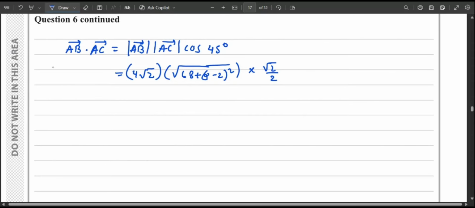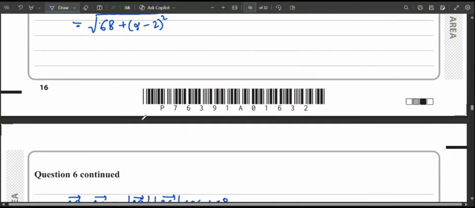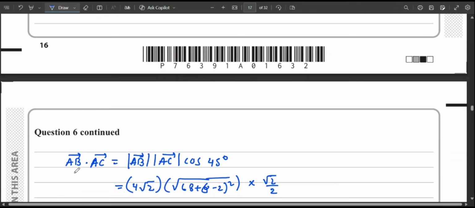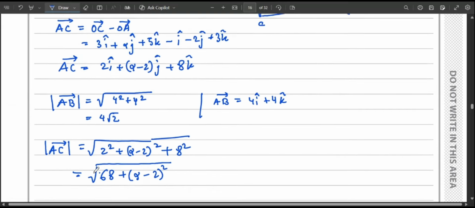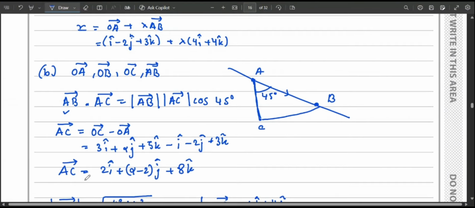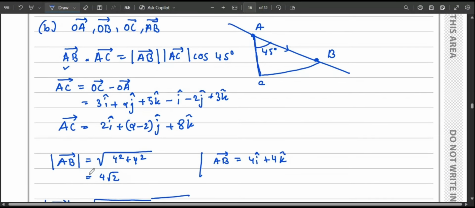On the left hand side, we have AB and AC. We know AB and AC in terms of i, j, and k vectors. So when calculating the dot product, we can multiply the coefficients of i from both vectors, the coefficients of j from both vectors, and the coefficients of k from both vectors to find the dot product.